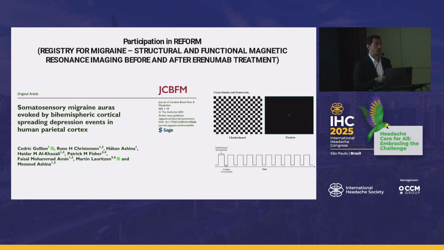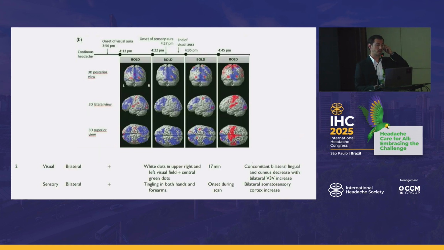But when you scan 100 patients with migraine with aura, fortunately, sometimes some patients have an aura during the MRI.